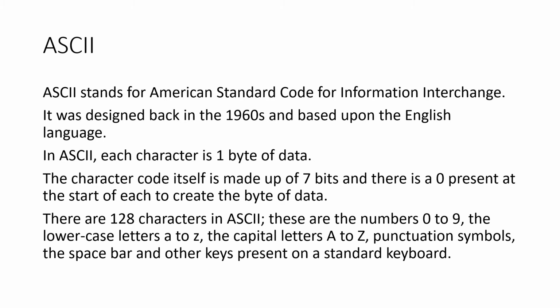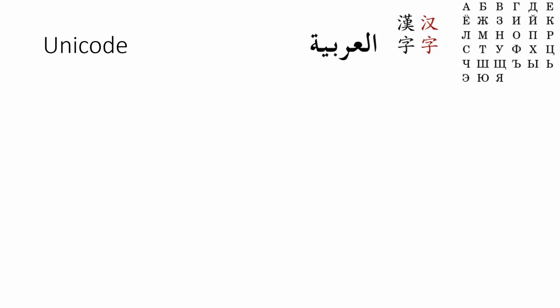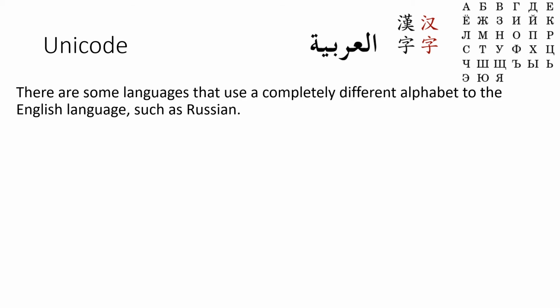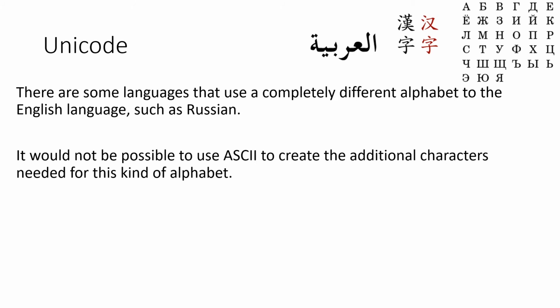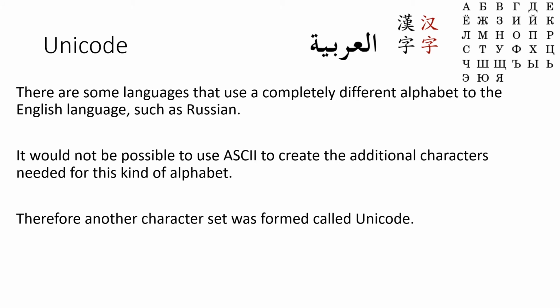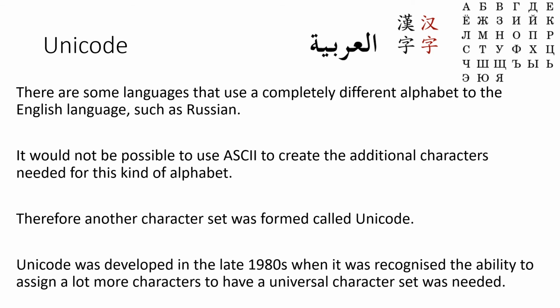So then more bits were made available, and this was Unicode, to allow different alphabetic systems to be used, such as Russian. So as I said, ASCII was limited, so that's why they had to use Unicode. And that was developed in the 80s. And Unicode, universal, something to encompass the whole globe rather than a certain subset of the globe.